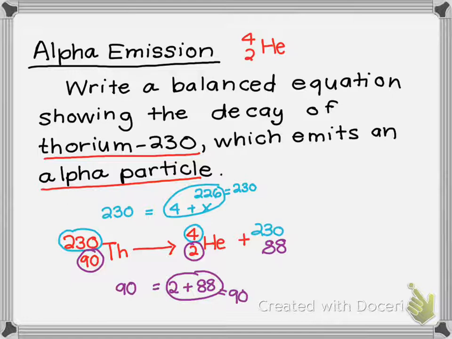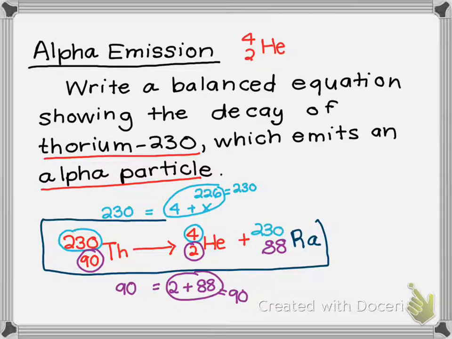Now, in order to know what the new element is, you would need to get out your periodic table and look for element 88. And element 88 is radium. So this right here now is the balanced nuclear equation for the decay of thorium-230 by emitting an alpha particle.